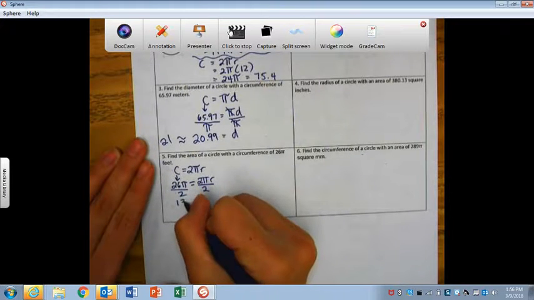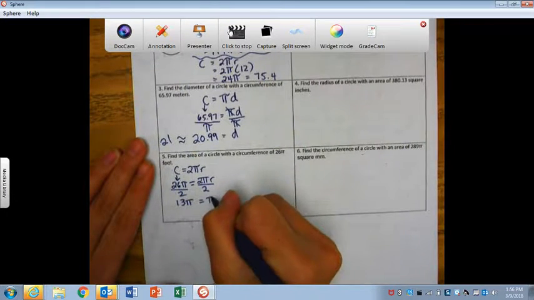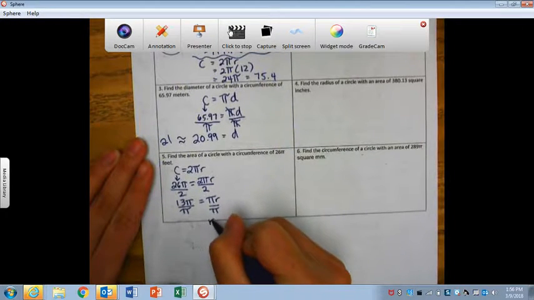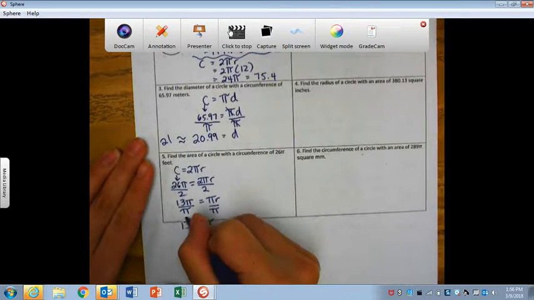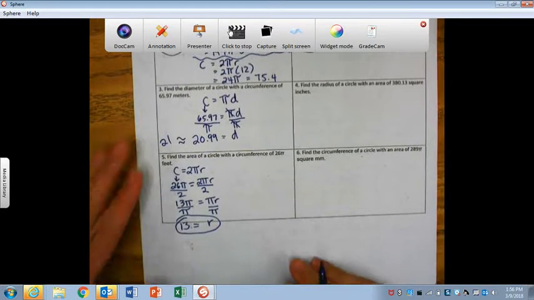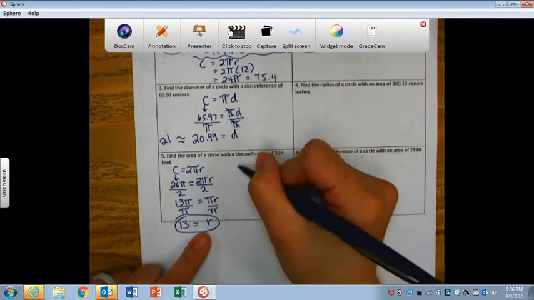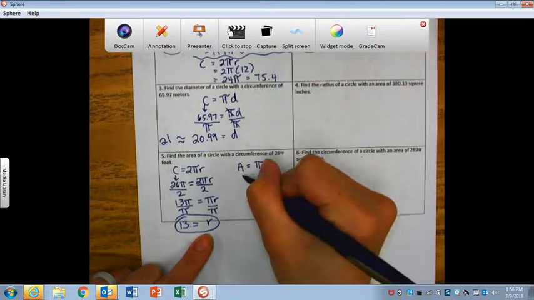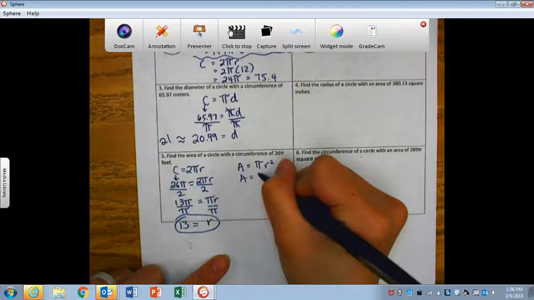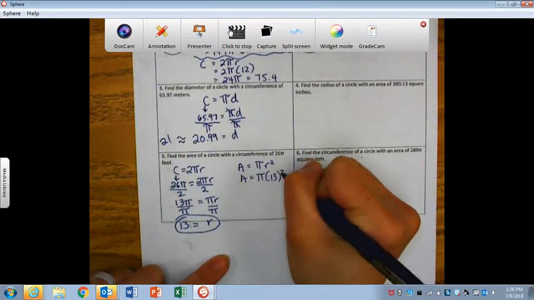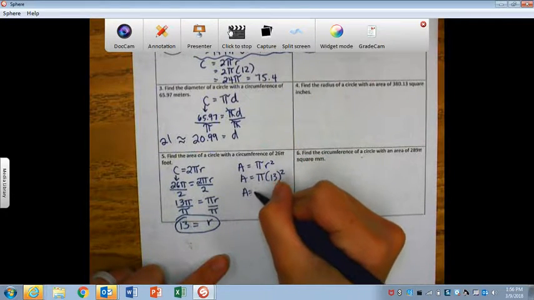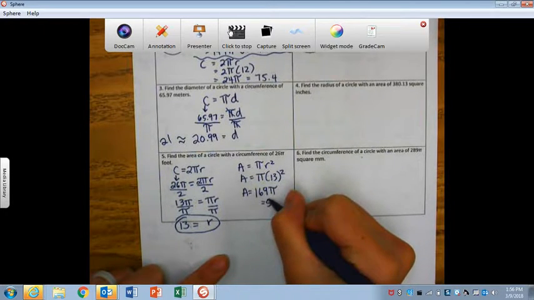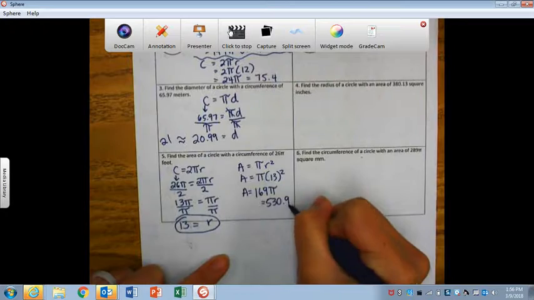So that's 13 pi equals pi r. Now let's divide by pi, and the radius is 13. Because the radius is 13, we can plug into area. Area, pi r squared. Area, pi, 13 squared. Area is going to be 169 pi, or the ugly decimal version is 530.9.